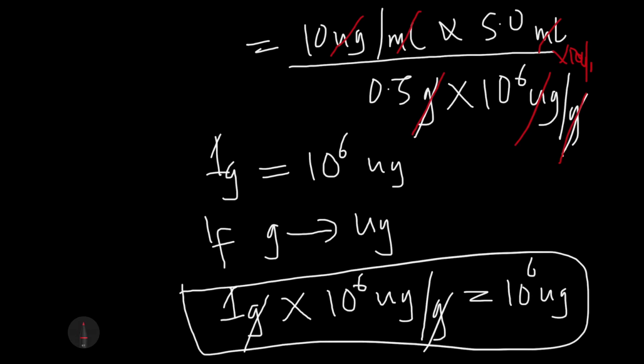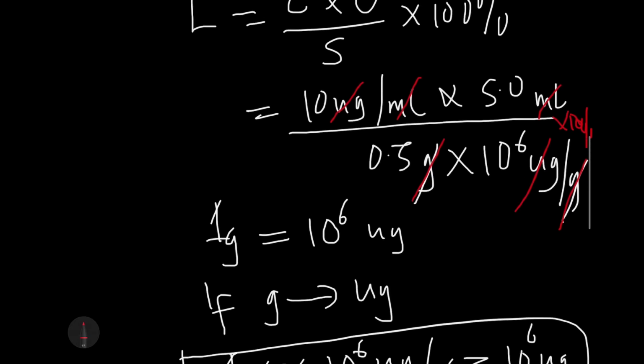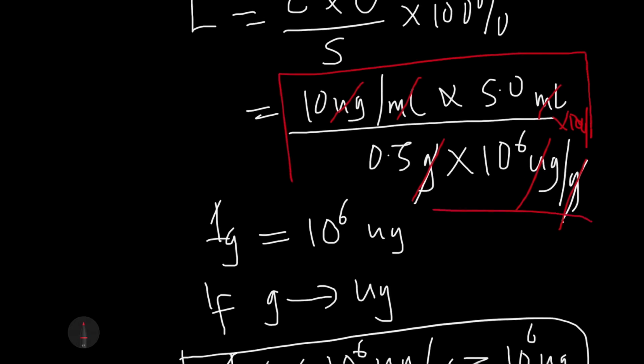As we said, limits are expressed in percentage or parts per million. Now all we've got to do is punch everything into our calculator: 10 times 5, divided by 0.5 times 10 to the power 6.